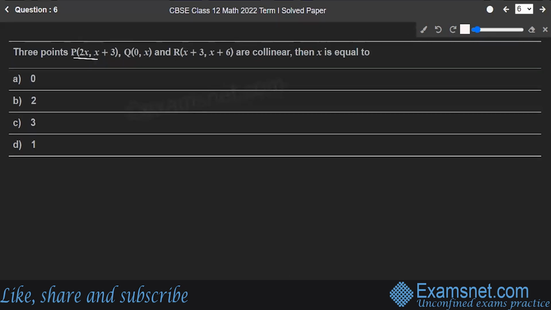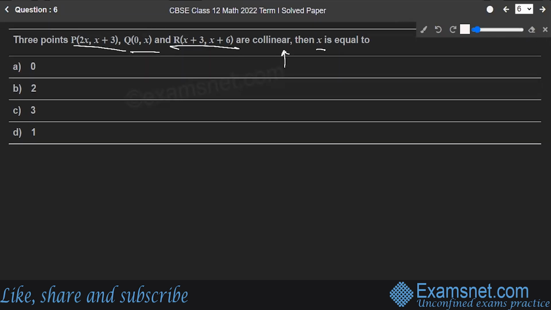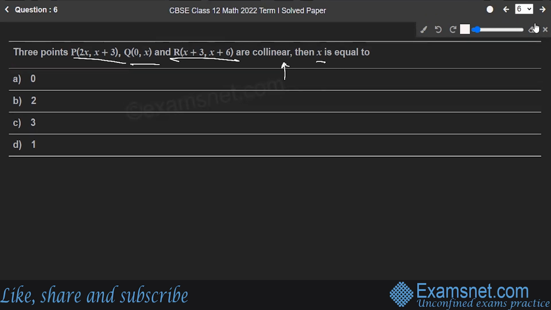If 3 points P, Q, R are collinear, then x is equal to what? Okay, so I'll use the matrix form to solve this question. You know, in matrices, if the 3 points are collinear, then the area of the triangle formed by those 3 points will be equal to 0.